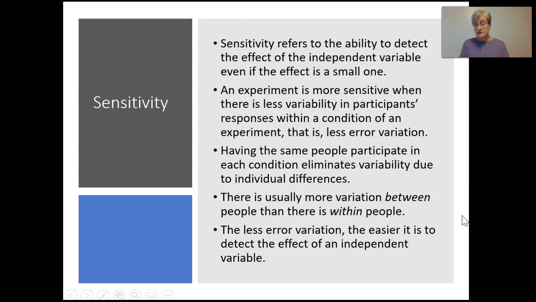Without going into the math of these, because this is not a math-based stats class, when we calculate between groups differences, as we discussed in the last chapter, one of the factors that's in those formulas is error associated with between groups differences that aren't due to the independent variable.